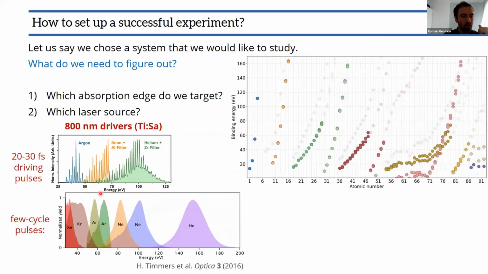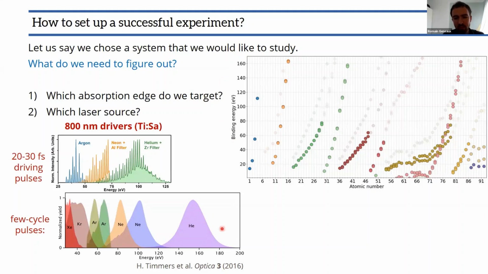The first thing is to think about the 800 nanometer drivers, so the Ti:sapphire. You've seen this kind of thing many times during the week. If you use long drivers, you're going to get energies maybe up to 100 eV if you use helium to make harmonics. And if you use few-cycle pulses, I try to keep the scales about the same, you can push the harmonic emission maybe to 160 or 150 eV with helium again.